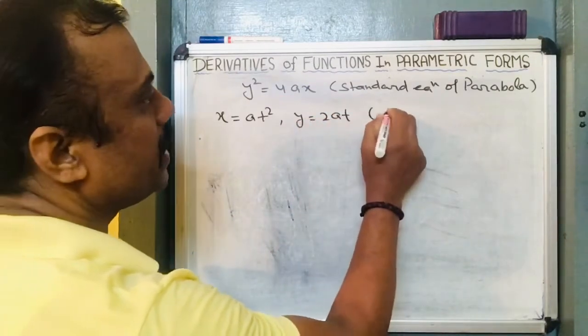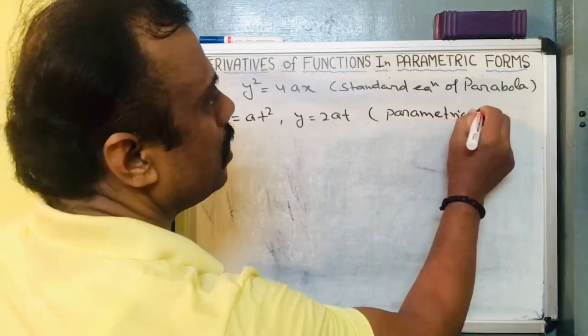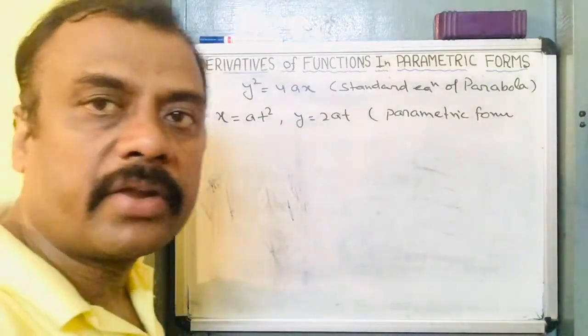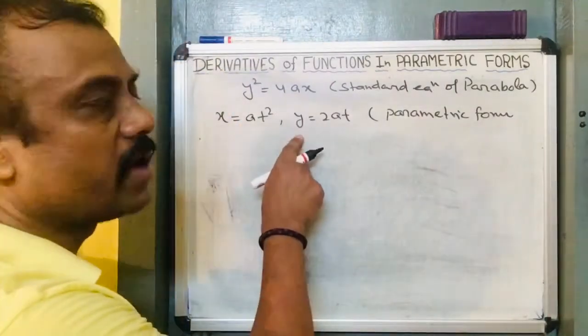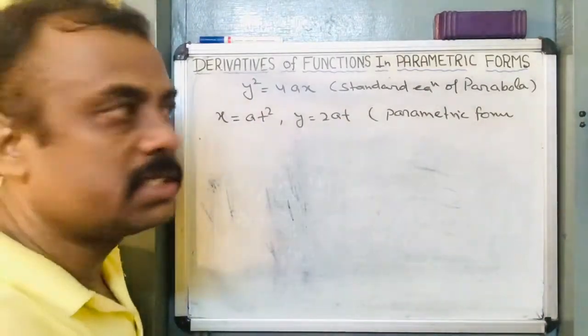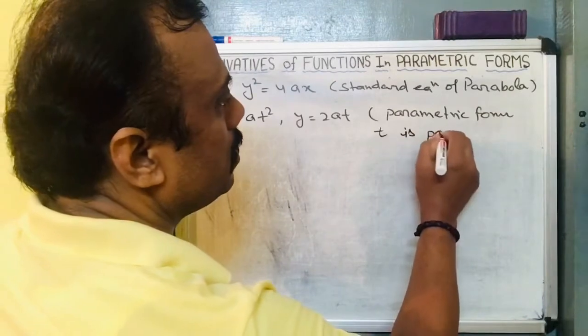Here it is in parametric form. The parabola is in parametric form. Here x and y are related with the help of a third variable, that is t. Here t is the parameter.